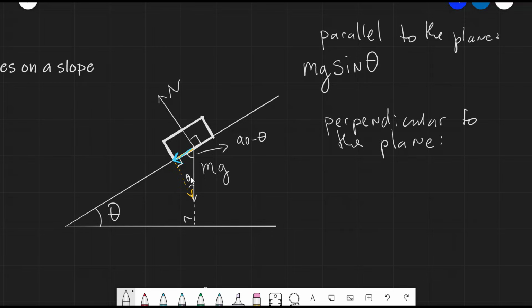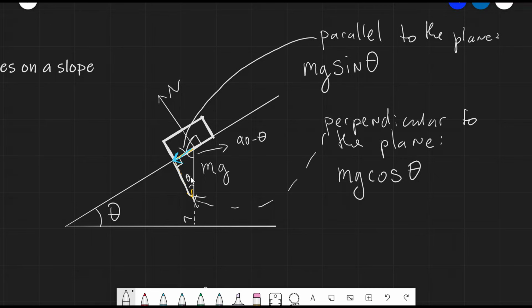Similarly, the component which is perpendicular to the plane will be mg cos theta, because that's just the adjacent component, which is just this one over here. And we have successfully split the weight into some parallel components and some perpendicular components.